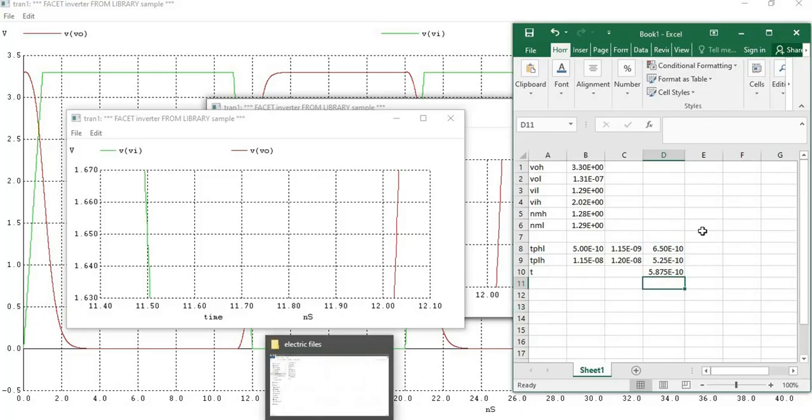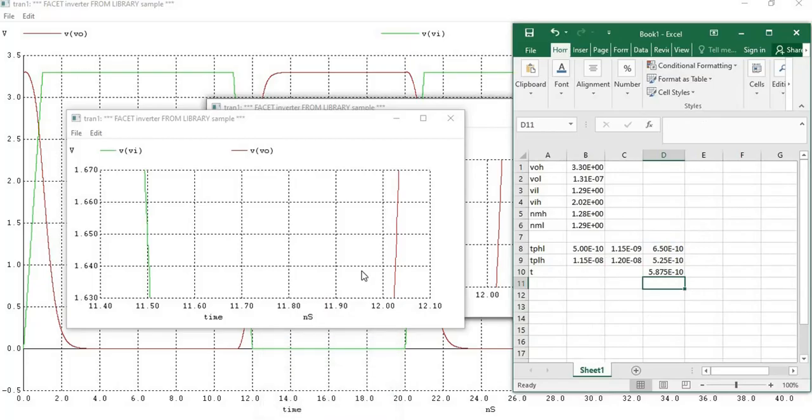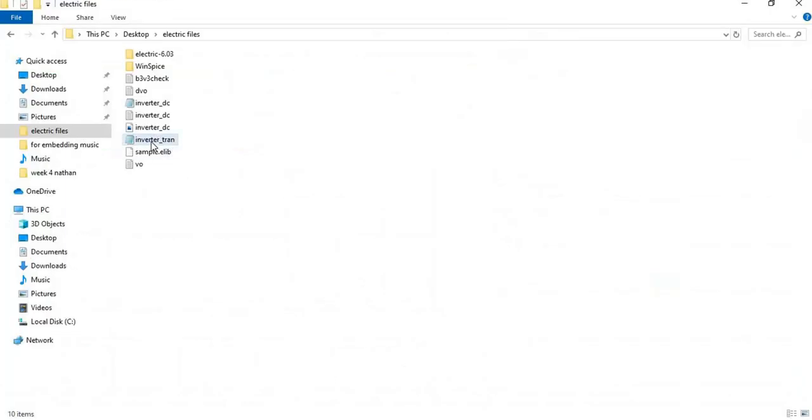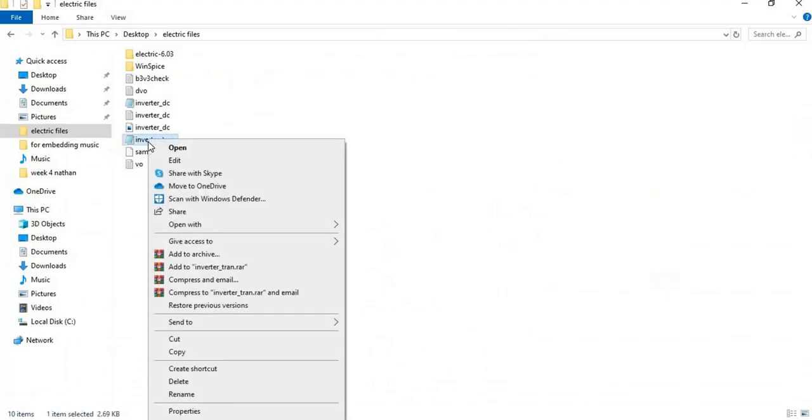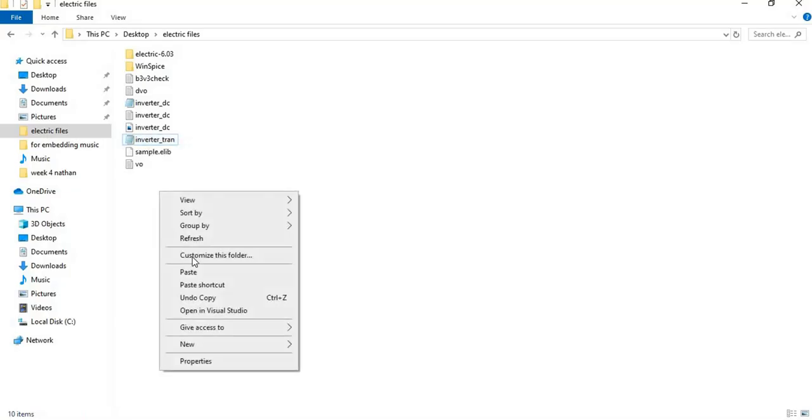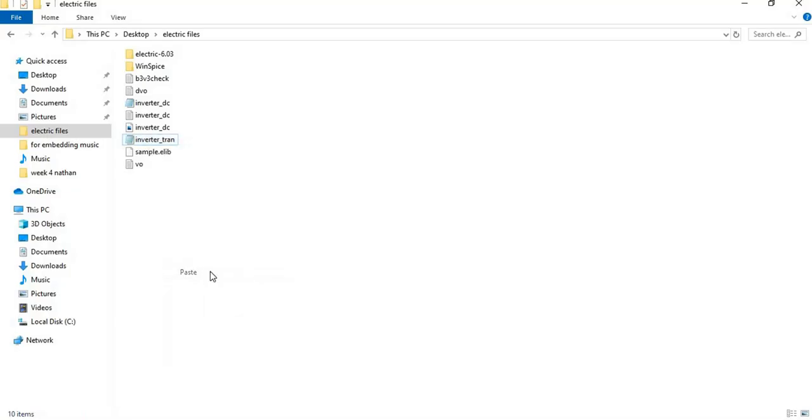Let us try to get the accurate value from our LTspice. So let us just rename this inverter tran. Copy, so you will have a backup.